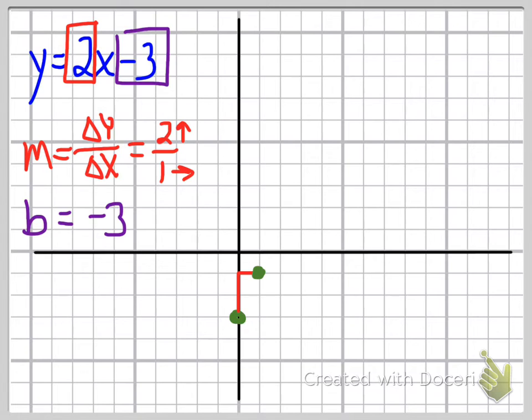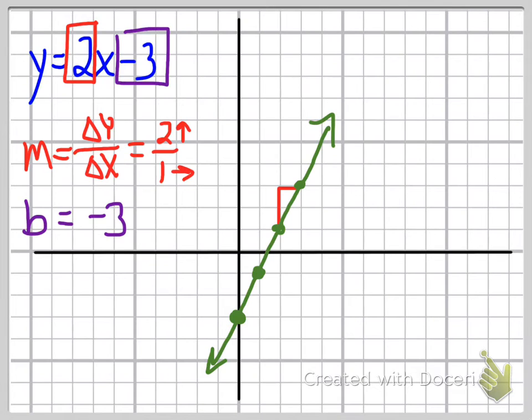That slope triangle can be repeated as many times as necessary. And then I draw a line through there. That is the line y = 2x - 3.